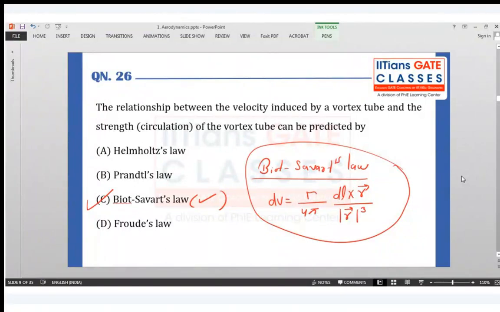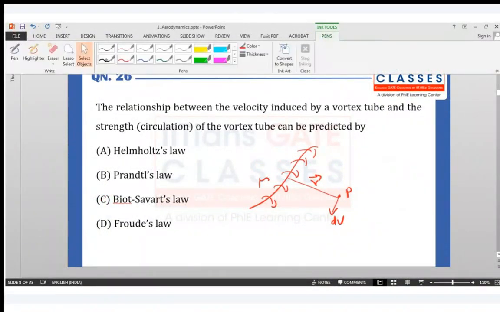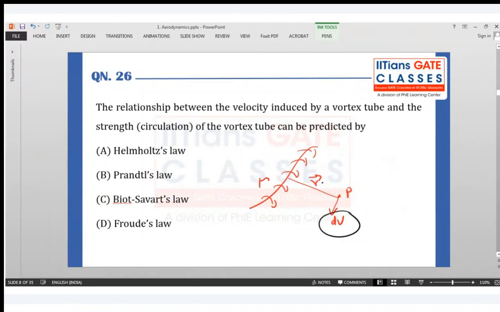We don't just take the formula from electrical engineering and modify the notation. The formula has been derived based on some other assumptions within aerodynamics. dV represents the velocity induced at point P, which is at a distance r from the vortex, which has the strength of gamma. So dV is actually velocity.